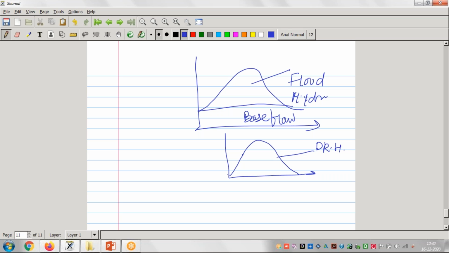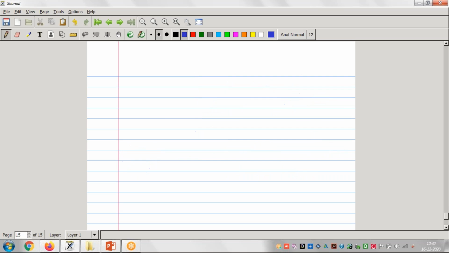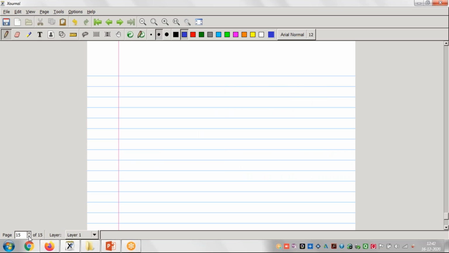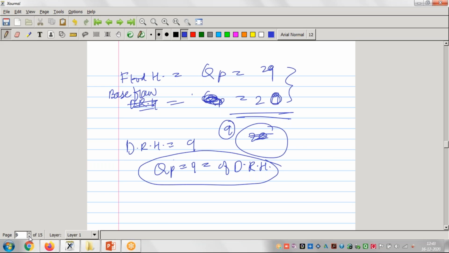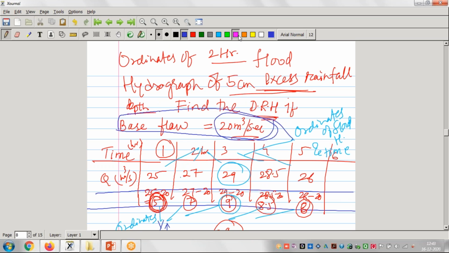Now, this hydrograph is generated because of 2 hour, a 2 hour flood hydrograph, because this 2 hour is given in our question. So in the question it is given that 2 hour flood hydrograph. So this 2 hour is our D hour.